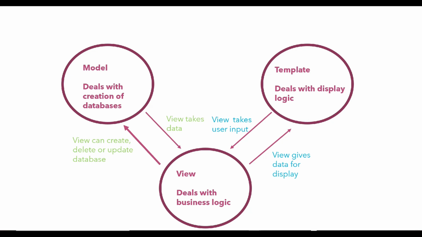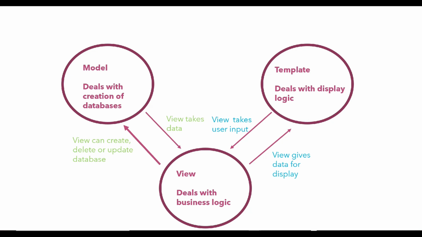That's how model, view, and template are related. View is taking the data from the model according to the business requirement, and once it has done the processing by writing some code, we give that data to display using the template. So these three works are segregated.